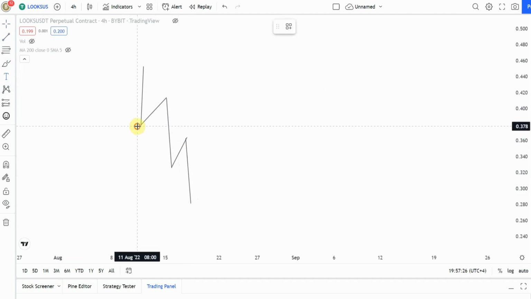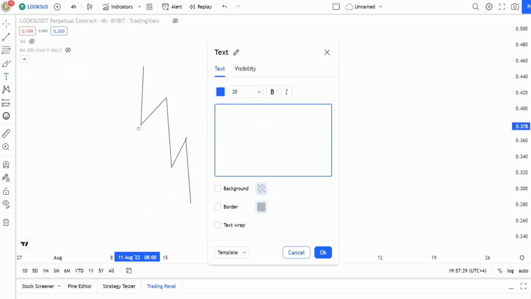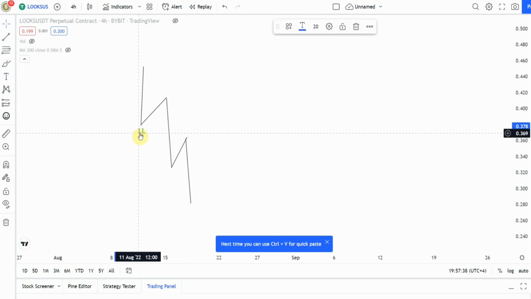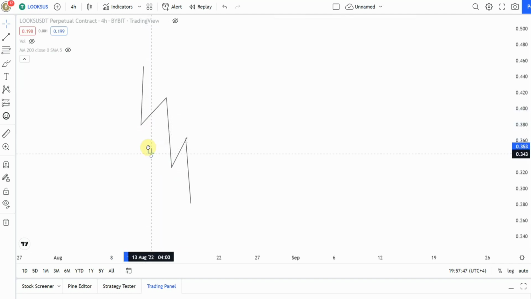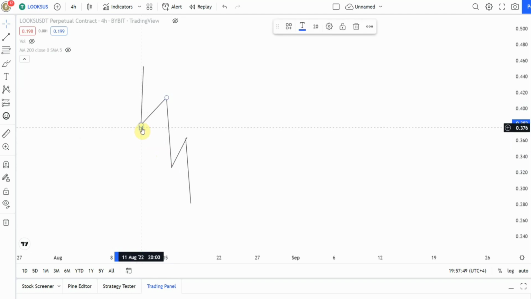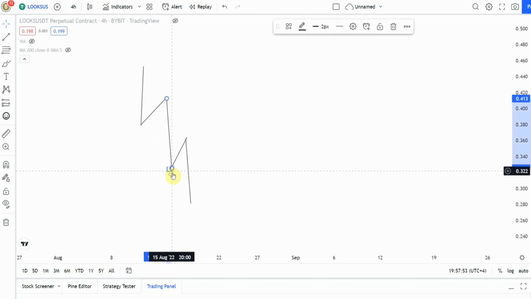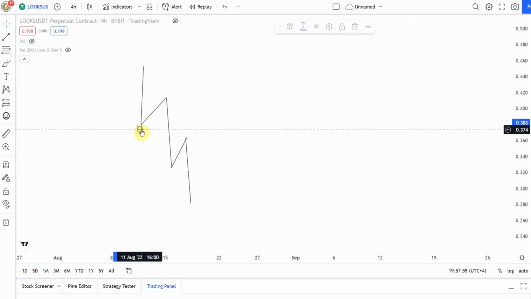Then this one we can call an LL, a lower low. Okay, we can put another one here.